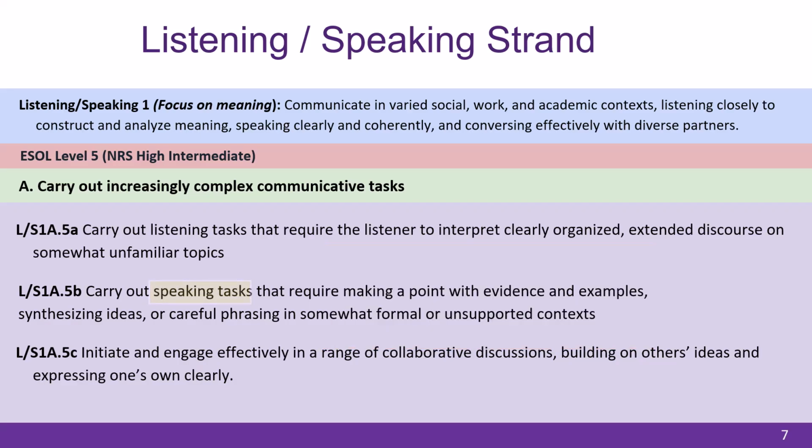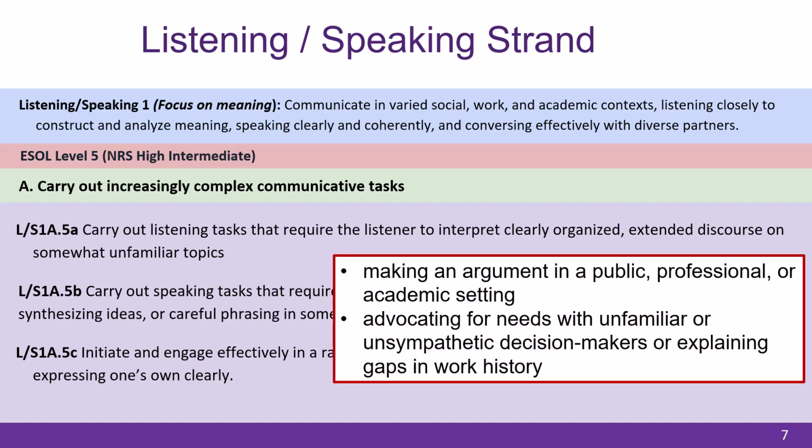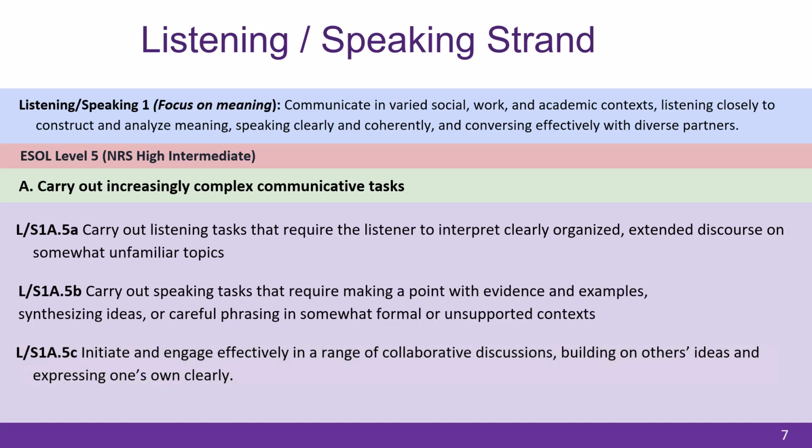The second benchmark focuses on speaking tasks, and this is the level which would include making an argument in a public, professional, or academic setting, advocating for their needs with unfamiliar or unsympathetic decision makers, or explaining gaps in work history. And the third benchmark combines the two in an interactive conversation.